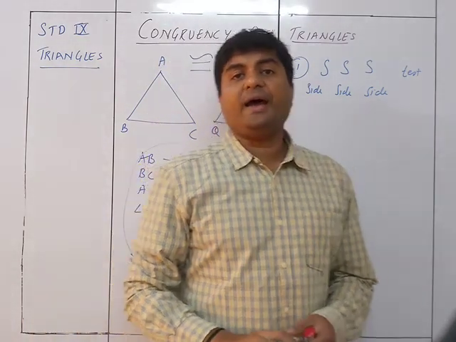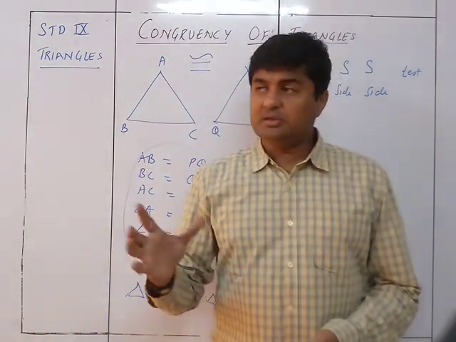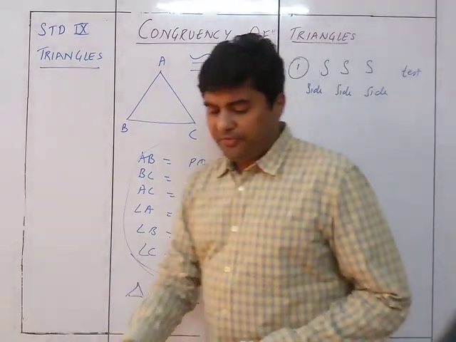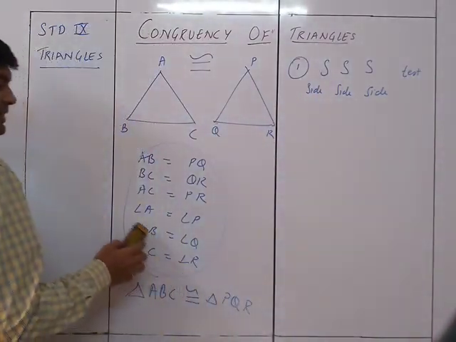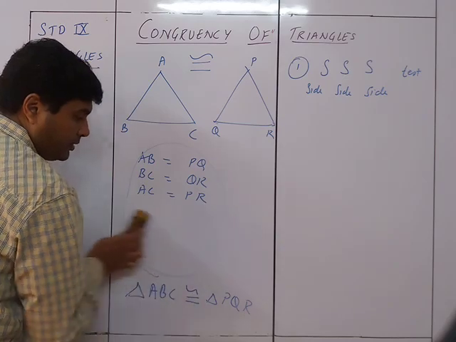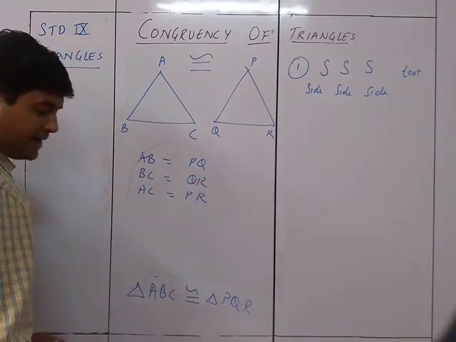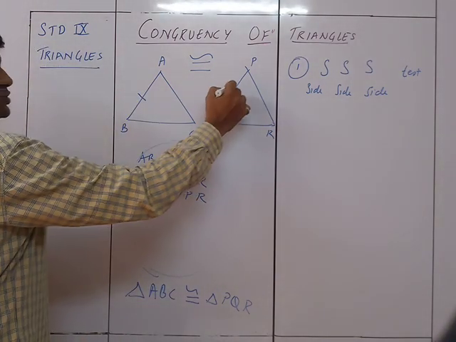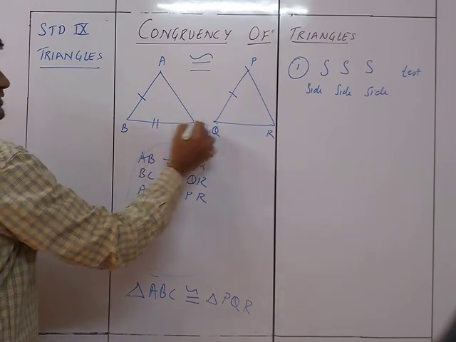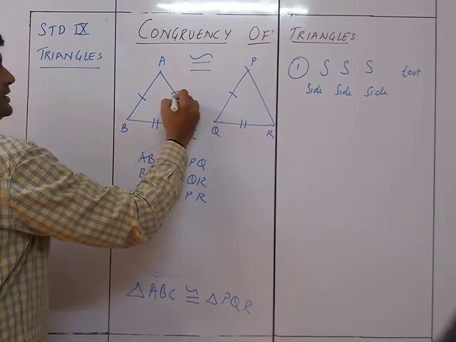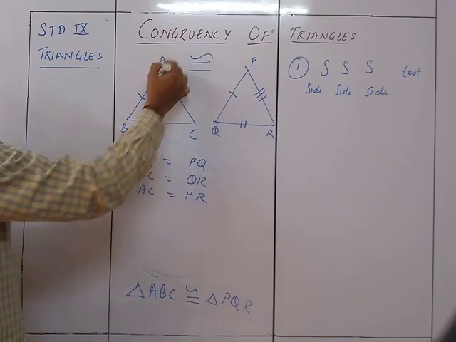So if I have 2 particular triangles where it is already given to me that this side is equal to this side, this is equal to this, and this is equal to this, that is AB is equal to PQ.